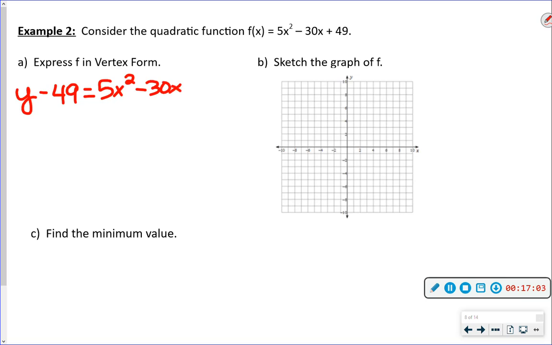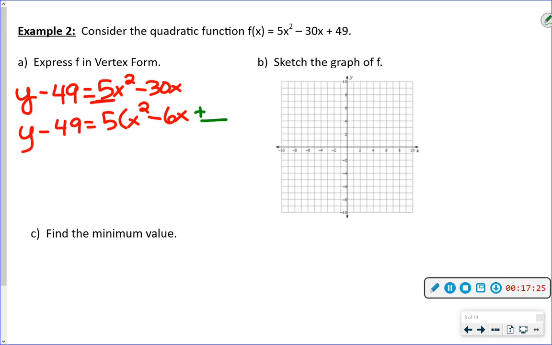Now, when you complete your square, the coefficient should be a 1. I'm going to have to factor that 5 out. You could divide by 5, but it gets fractions. 5 times 6 is 30. Okay, let's complete the square in our head.